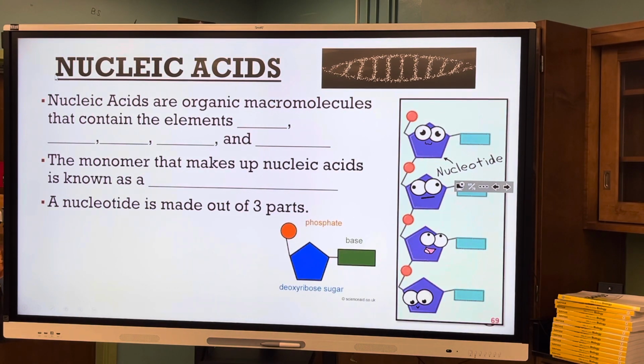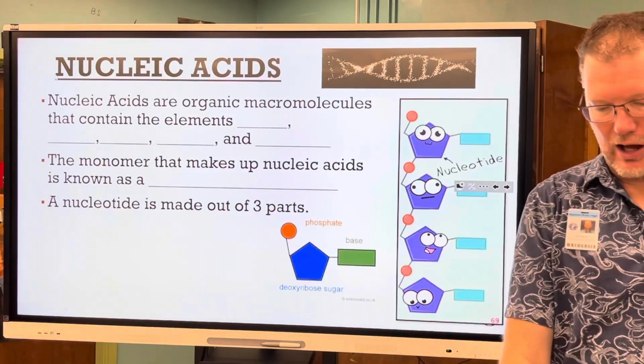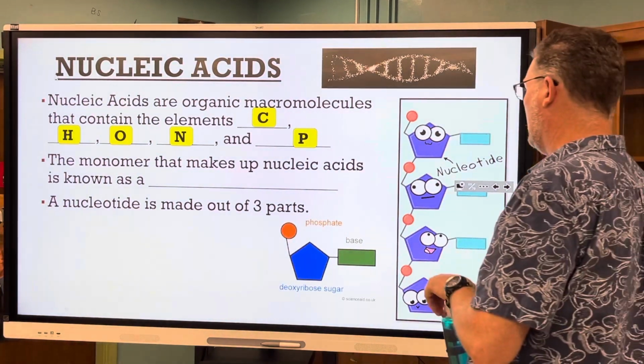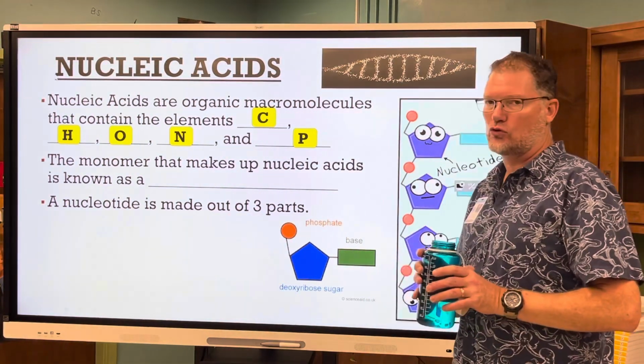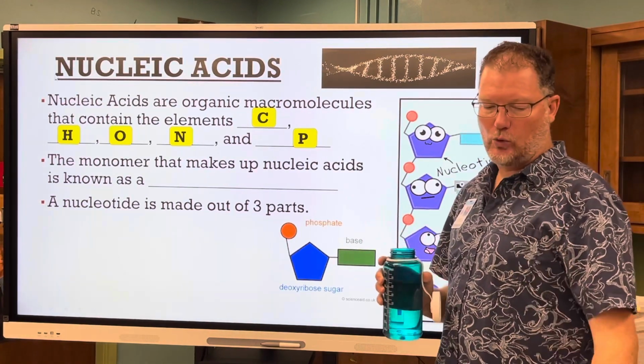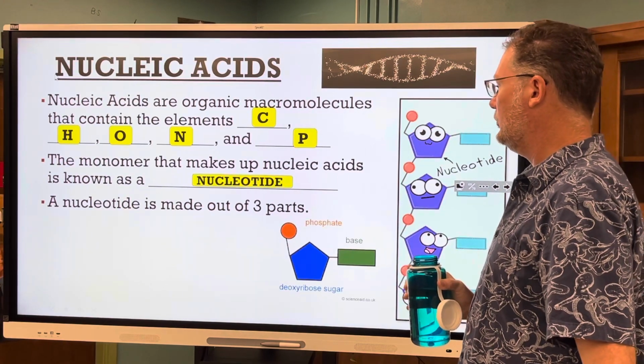These are organic, of course, they're all organic, and they therefore contain all of the elements that we said, the CHON, the HONC, and phosphorus. There is a phosphorus group that is a very important part of this organic molecule, okay?